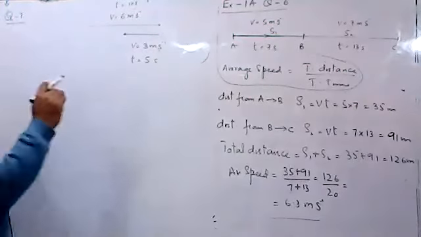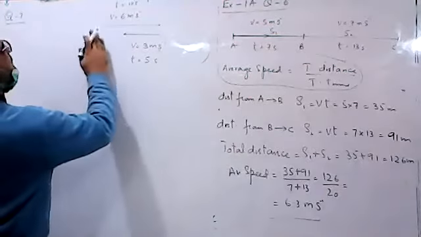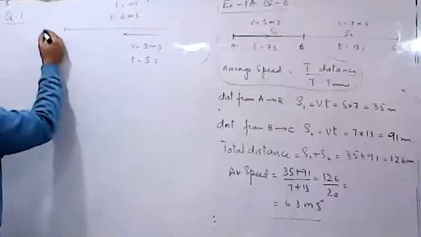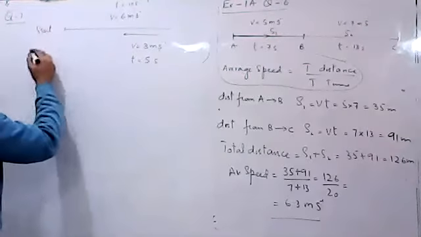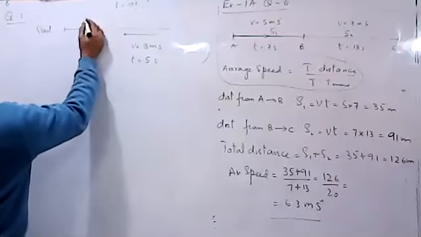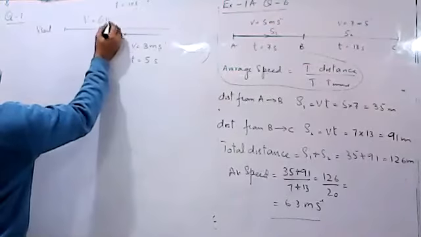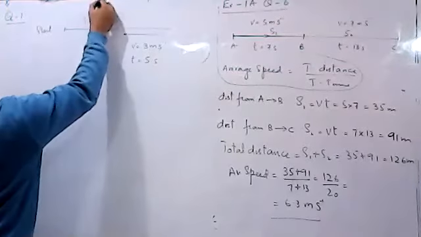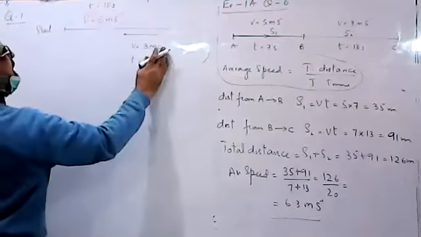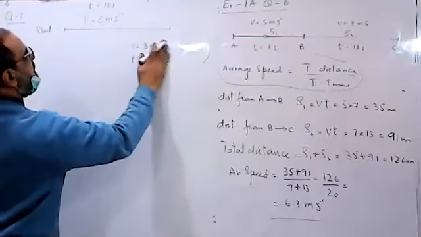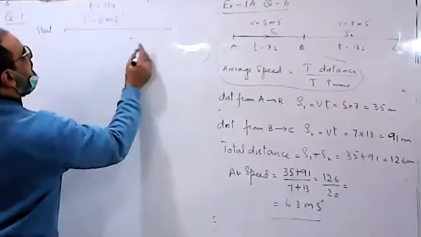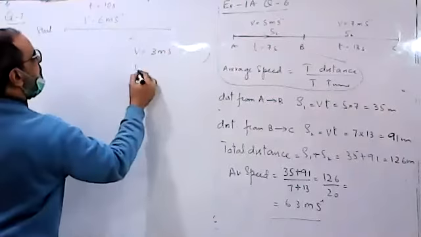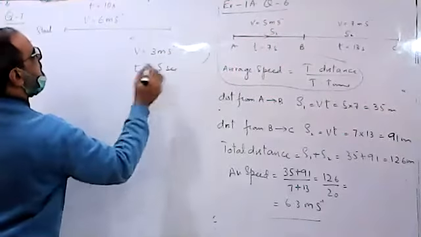So the same question arises again. Let me draw it for you again. So it traveled from the starting point. It travels at a speed of 6 meter per second for a time of 10 seconds, and then in the reverse, it travels at a speed of 3 meter per second for 5 seconds.